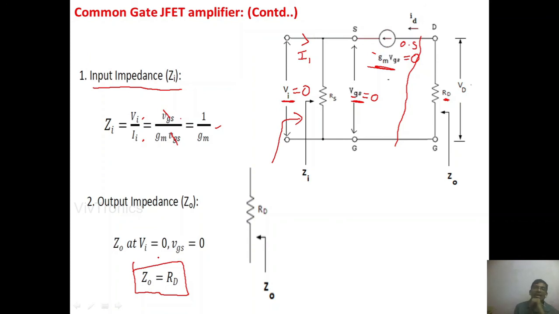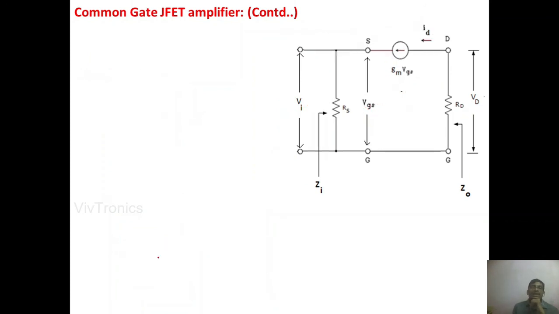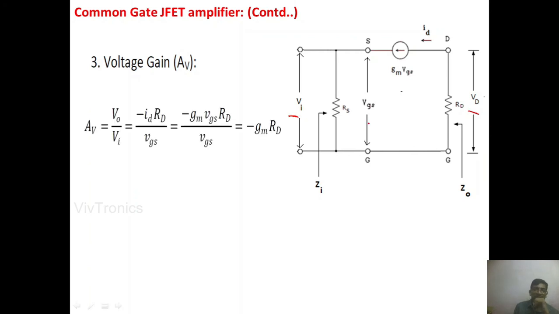Now we are going to calculate the voltage gain. Okay, so what is voltage gain? Voltage gain is the ratio of output voltage to the input voltage. Here output voltage is nothing but VD and input voltage is nothing but VI or VGS. Both are the same. So here AV is given as V0 divided by VI. What is V0 here? Voltage across RD.